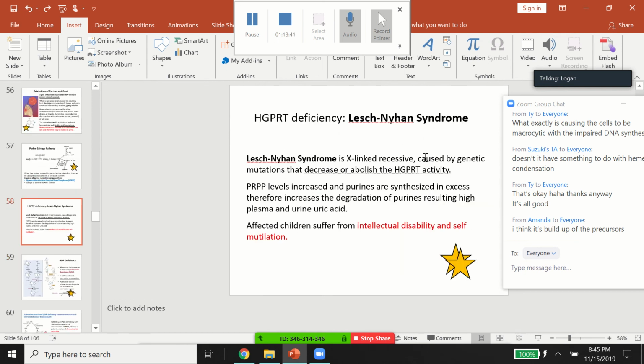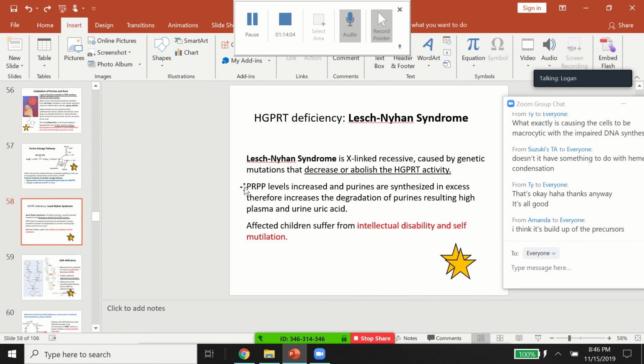Now also Lesch-Nyhan, know it. Anytime this is mentioned, it's pretty much always a need-to-know. So Lesch-Nyhan, always. HGPRT deficiency: what would that mean? You're not able to salvage your purines, because that's the main enzyme responsible.